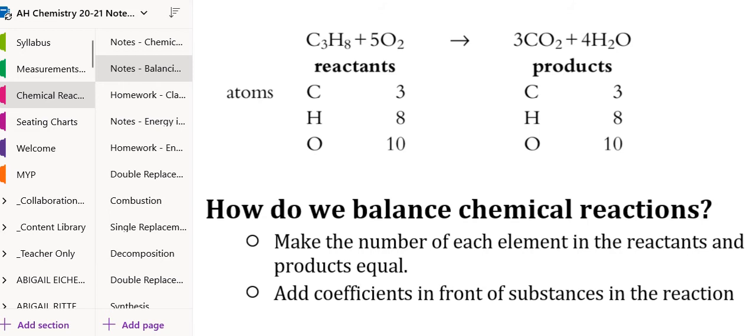We talked about why, law of conservation of mass. Now let's talk about how. I'm going to let you write this and then we'll talk about it. We're going to look at different reactions and practice changing the coefficients so that we have the same number of each element in the reactants and products.